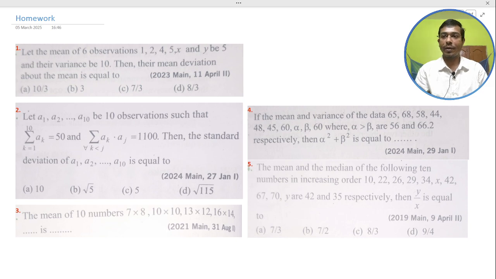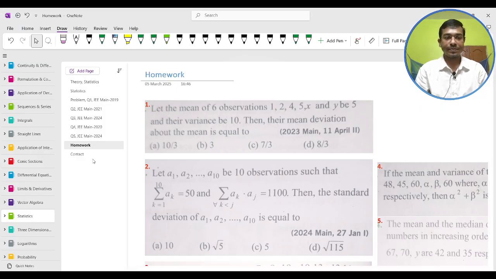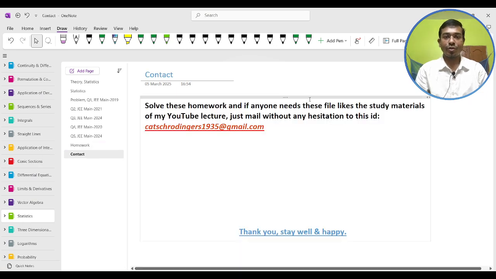So I think you'll be able to take a screenshot of the 5 important questions. So we now discuss here the 10 important questions coming in JEE Main and Advanced, and I think after solving these questions, you'll be able to solve any other question from this chapter, statistics.